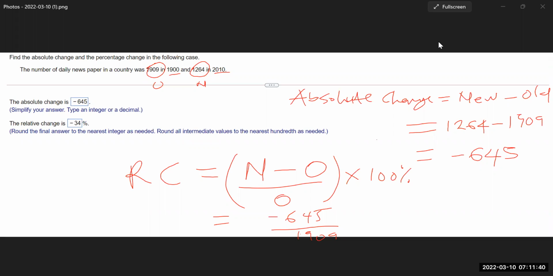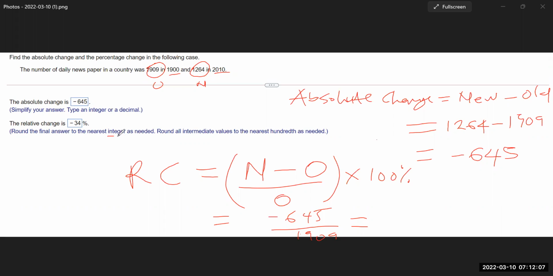Now multiply that by 100, and that should give you negative 33.787, and so on. But you have to pay attention to what is here, and I feel this is where a lot of students get it wrong. Round the final answer to the nearest integer as needed.